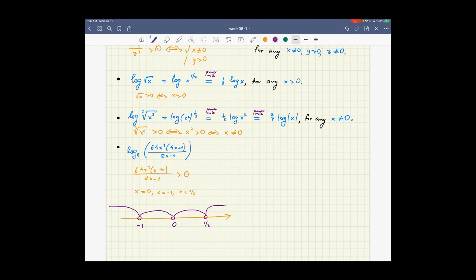And now it's easy to verify that for any x greater than 1/2, we can, for instance, write 10. This expression is positive. 10 cubed is positive, 10 plus 1 is positive, 2 times 10 minus 1 is positive. And then the signs alternate.